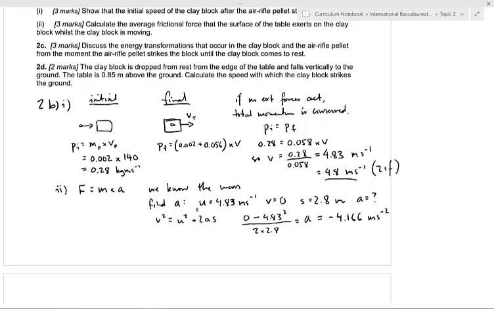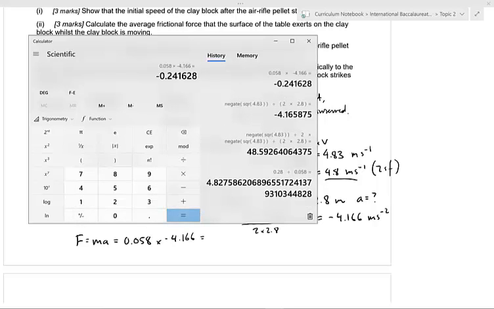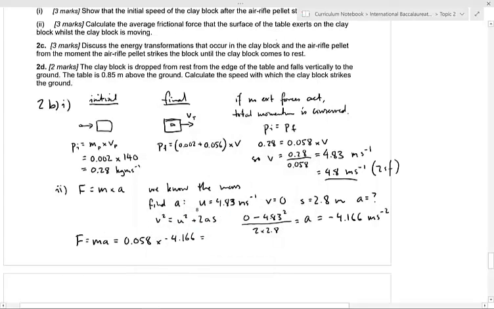And so the last step then is to go F equals ma, which in this case is equal to 0.058 times negative 4.166, which gives us negative 0.24 newtons.